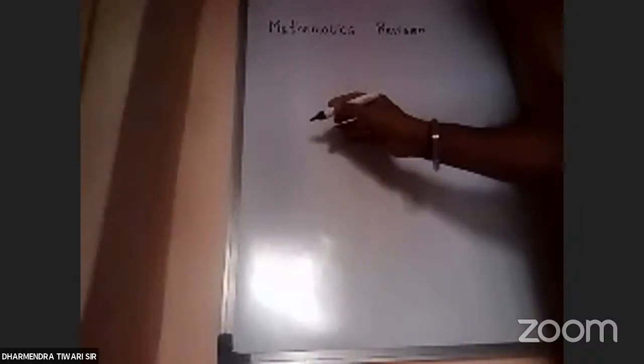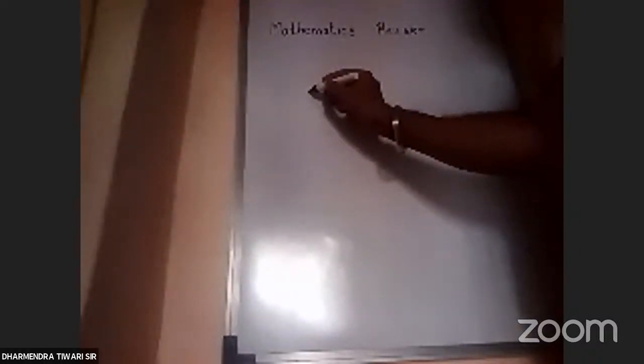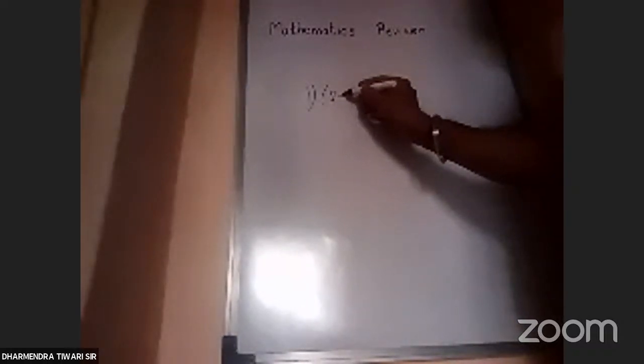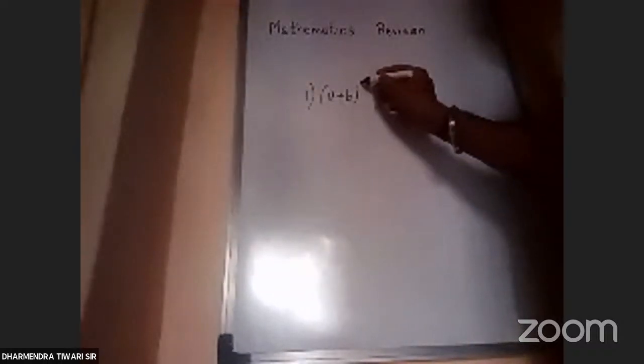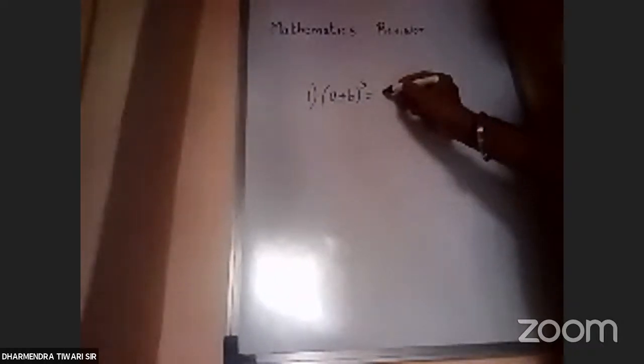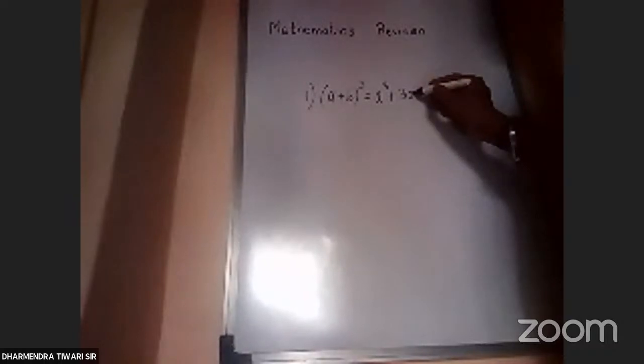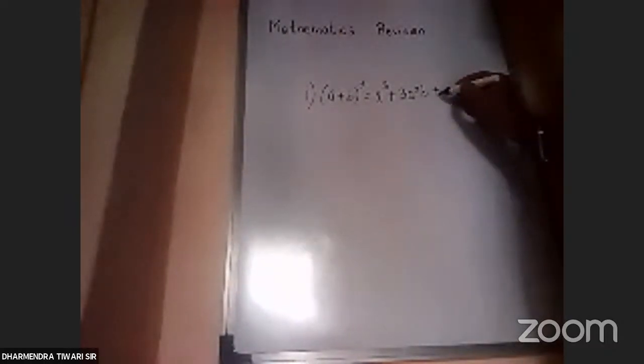Before taking both the expressions together, I will introduce all the 4 formulas that we have done till now. First, a plus b the whole cube is a cube plus 3a square b plus 3ab square plus b cube.